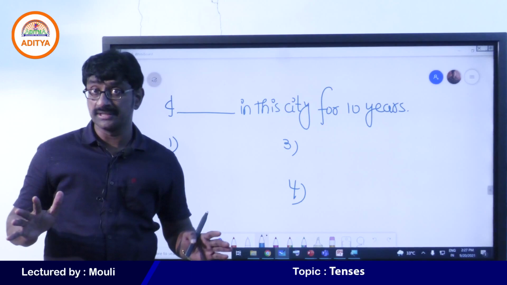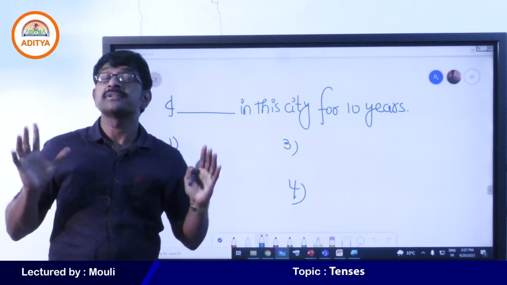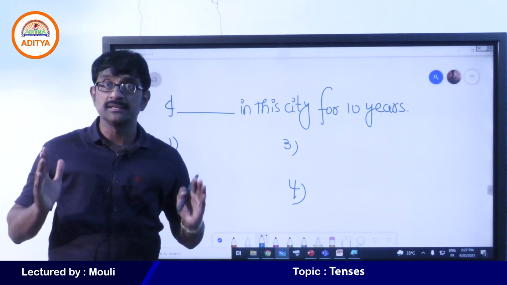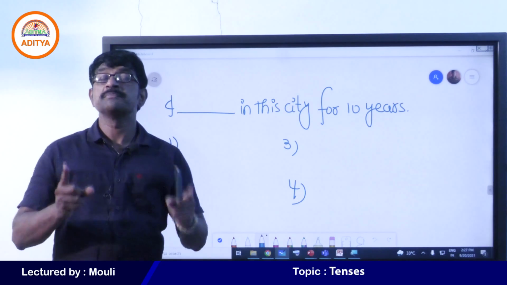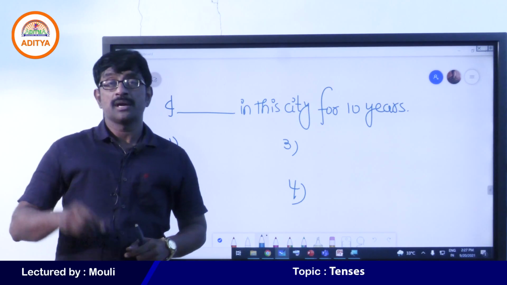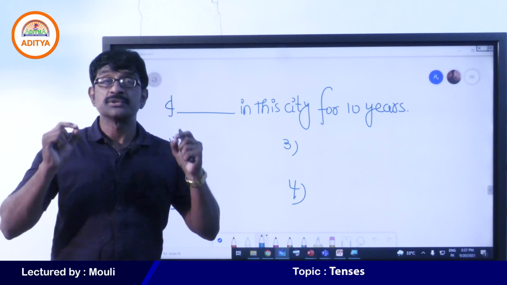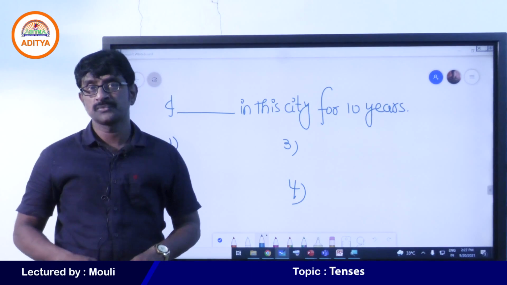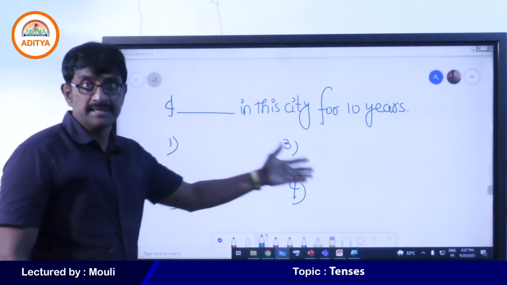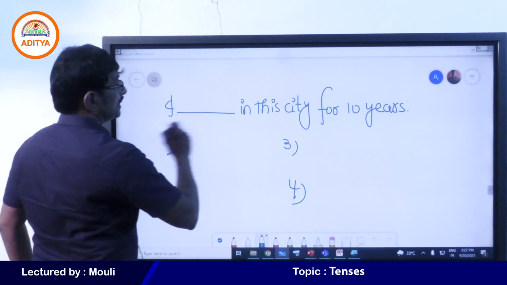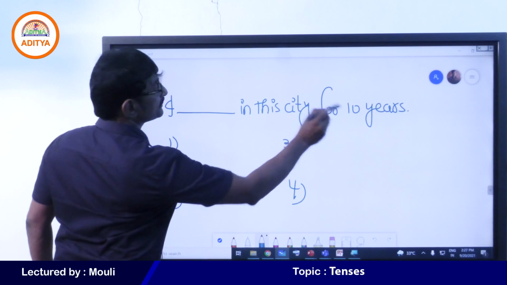Be very careful with these. Whatever exam you take in future, please remember the keywords. Identification of keywords is very important to succeed in the examination. Let us see what the keywords are here.